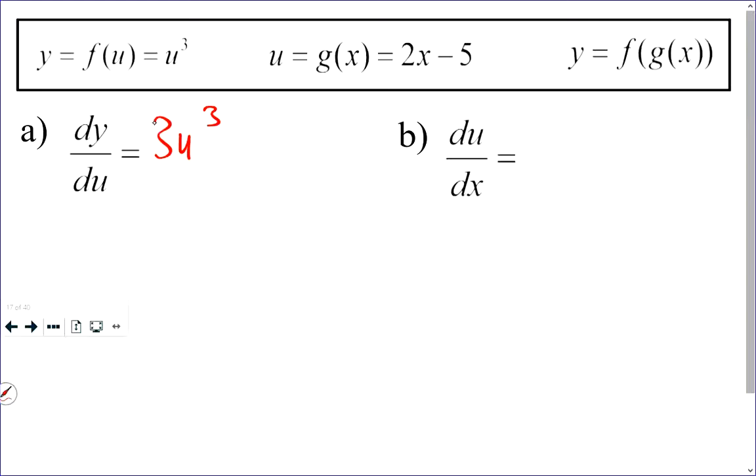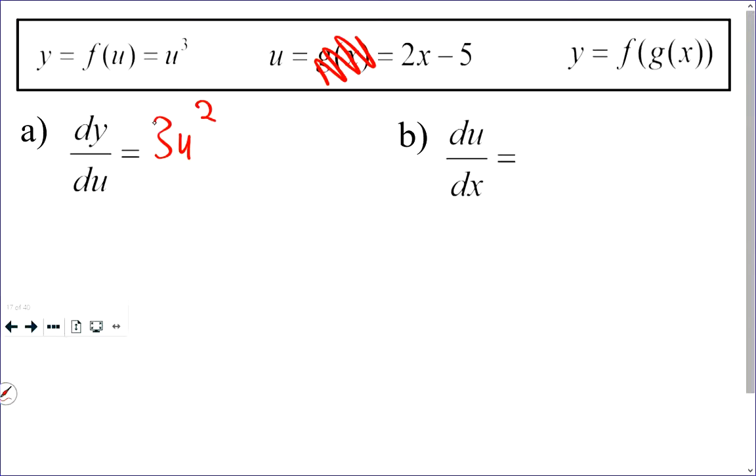What is du dx? Well, du dx is found by looking at differentiating that with respect to x. So this is like having a y. Do you have a question? Yeah. Thank you very much, Spencer. It should be 3u squared. Absolutely. I probably said cubed.